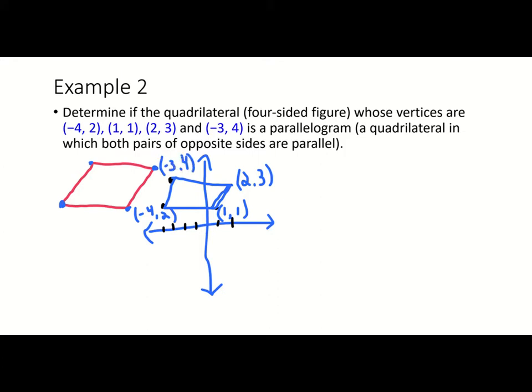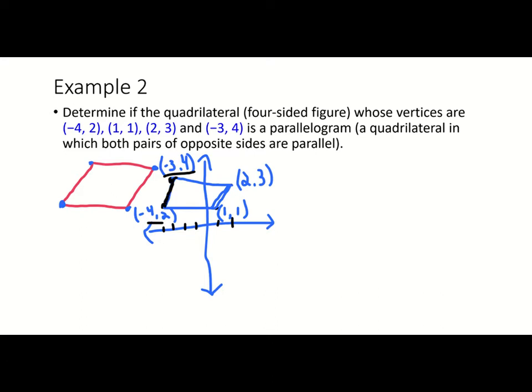So what we are going to do is calculate the slopes of our lines, and we need both opposite pairs to be parallel. I'm going to start off by calculating the slope of (-3, 4) and (-4, 2), because that's going to give me the slope of this line right here.